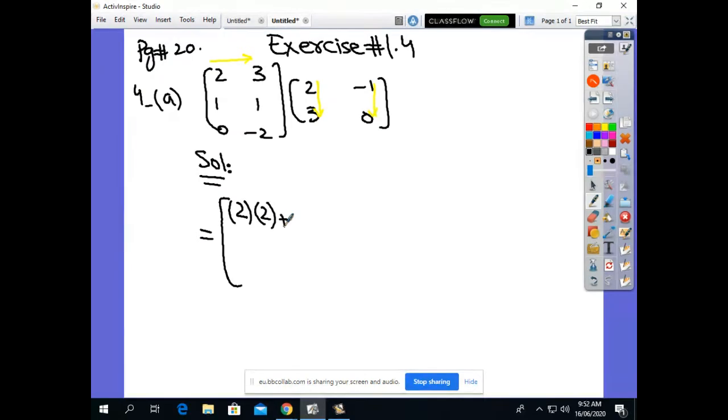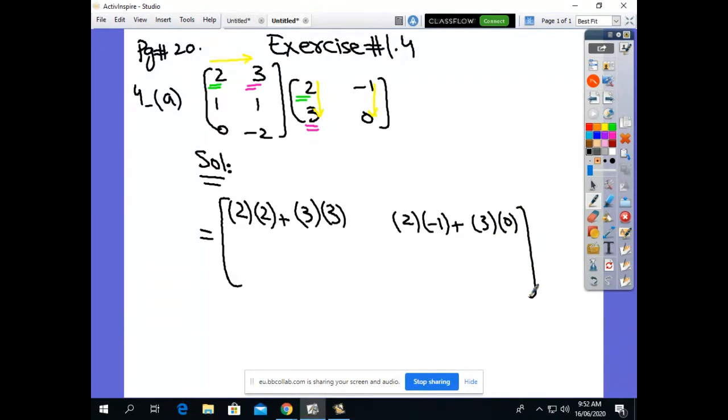There is addition sign in between them. 3 is multiplied with this 3. Now we multiply the first row, 2 is multiplied with negative 1 plus 3 is multiplied with 0.